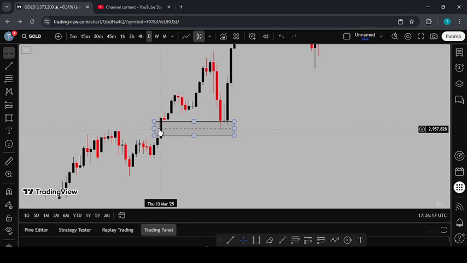So on a lower time frame, you'll be looking for an SMC setup here. This level becomes a point of interest based on the higher time frame perspective. There is a possible scenario that if price gets there, there will be a reaction on the lower time frame for you to catch a trade.